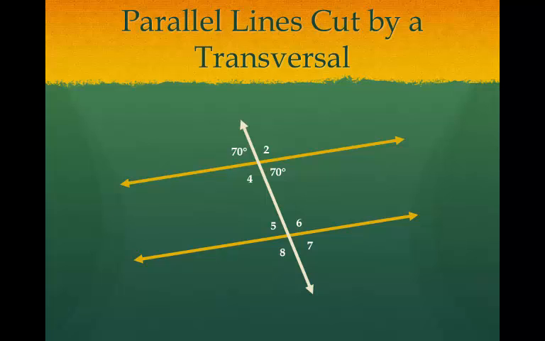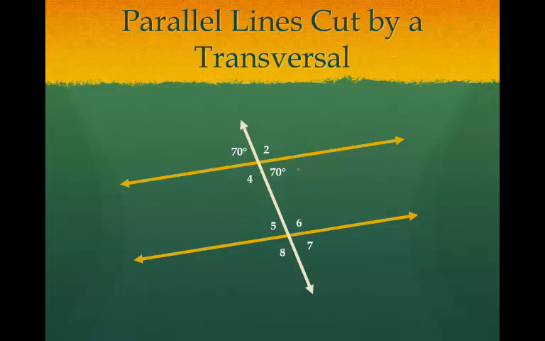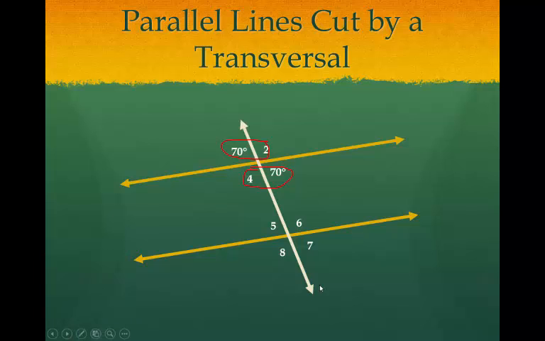The easiest way for us to see is to notice that each of these angles are supplementary. So angle 2 and 70 are supplementary, and angle 4 and that 70 are supplementary. So from that, we should be able to take 180 minus 70 and know that each of those angles would be 110 degrees.